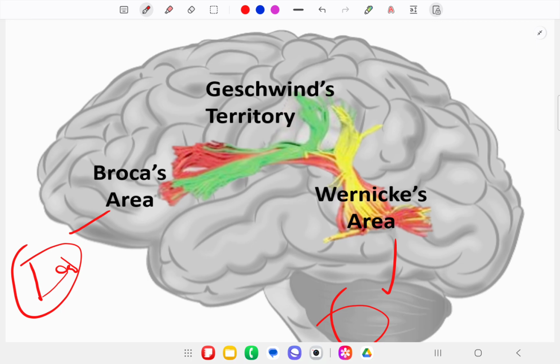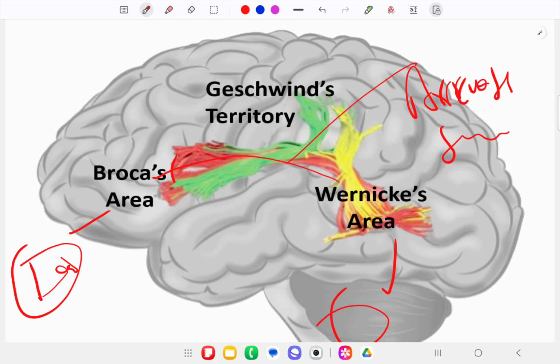If any person says any word or sentence, it first comes to Wernicke's area, and is then articulated by Broca's area. A thick band of tissue, called the arcuate fasciculus, connects these two areas.